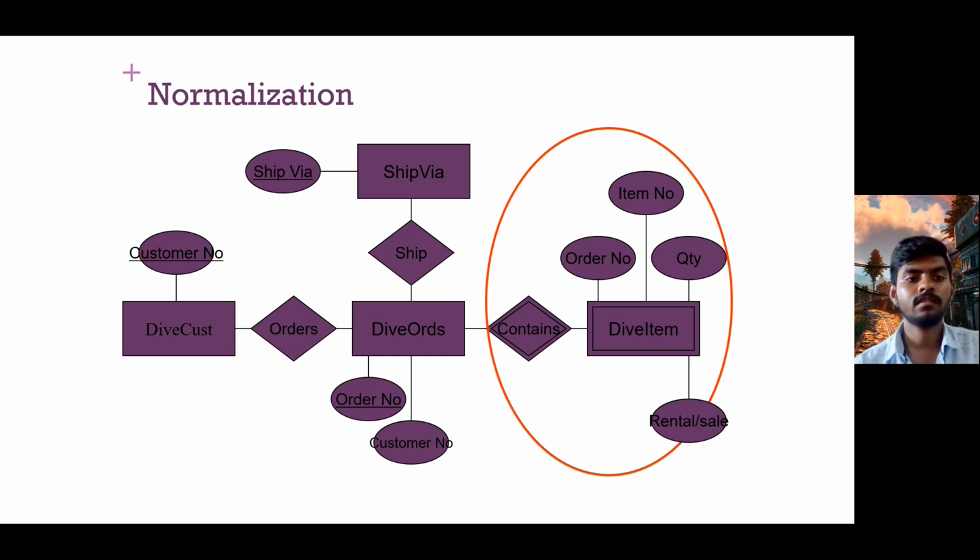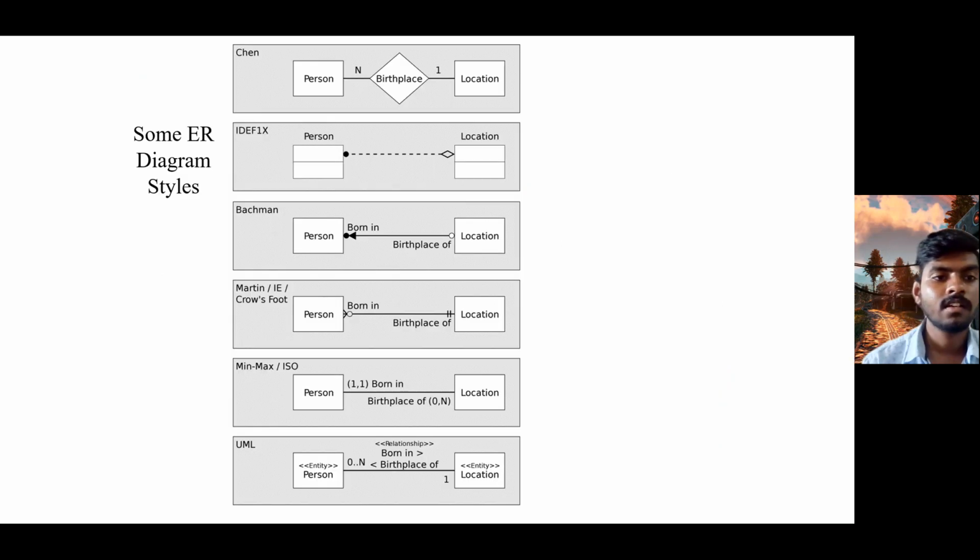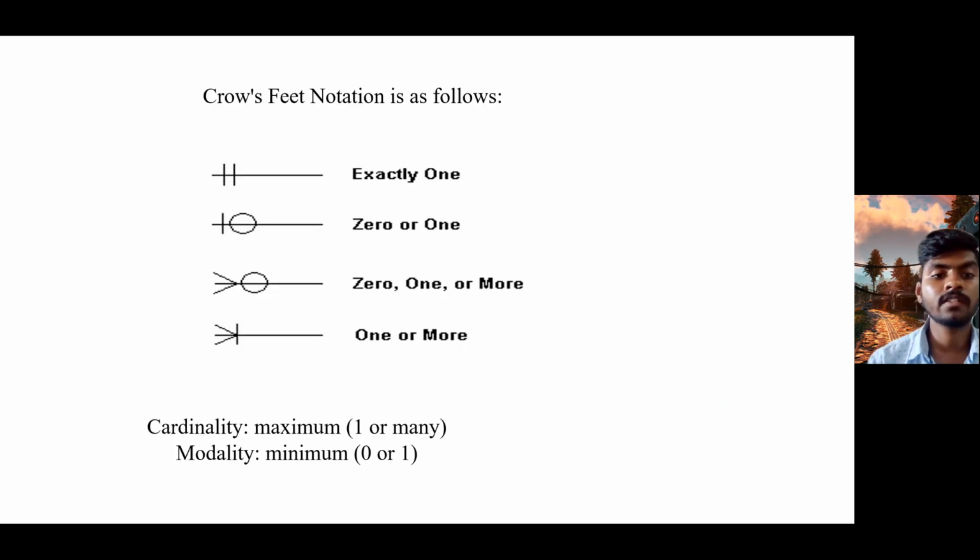Coming to the diagram styles, we have different styles and some notations for the relation. If we represent this between two entities, it is exactly one.